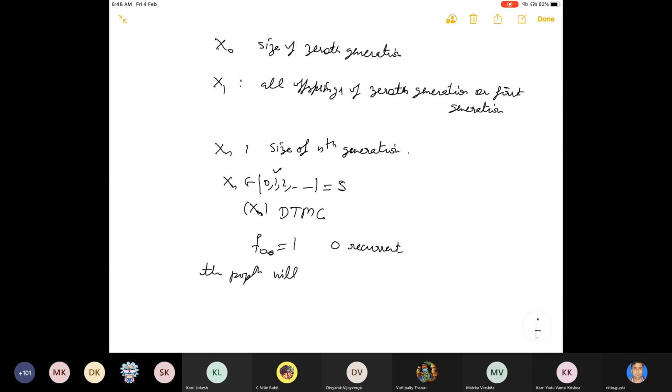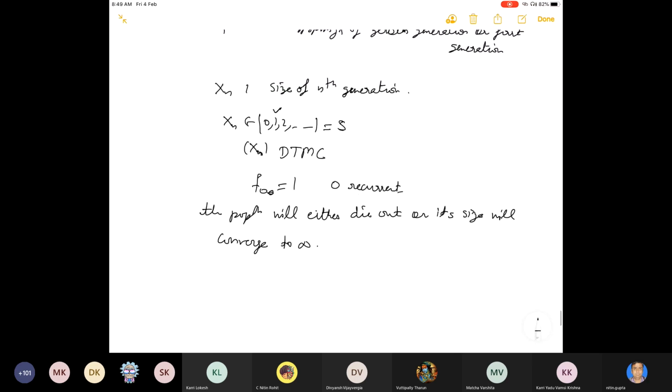So we have seen an important conclusion here: the population will either die out or its size will converge to infinity.